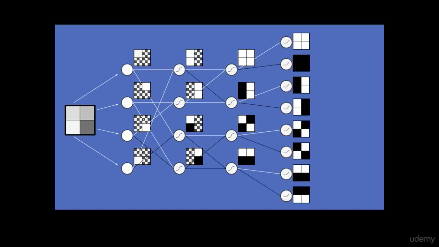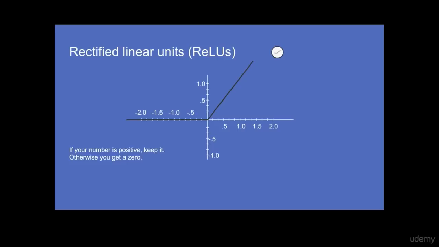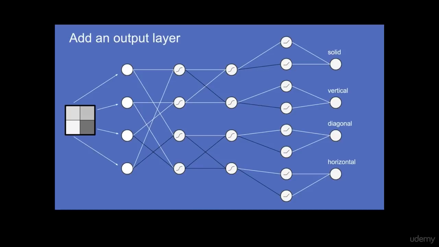We add two more hidden layers, to give us two sigmoid hidden layers and one rectified linear layer. And a rectified linear layer or unit is where if the number is positive, you keep it. If it's not, you ditch it. That's simple. Then we have an output layer.